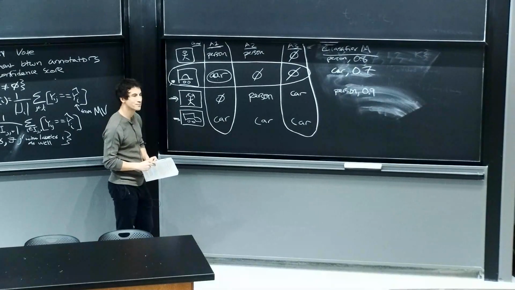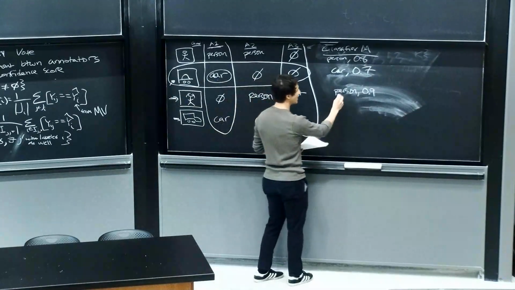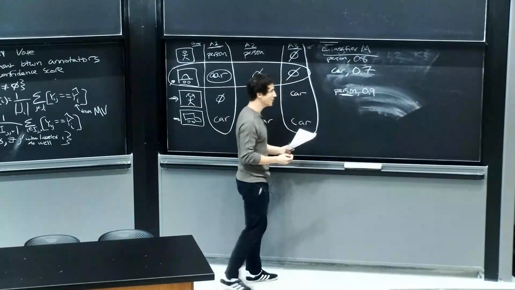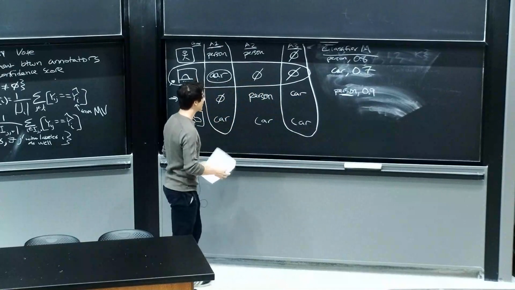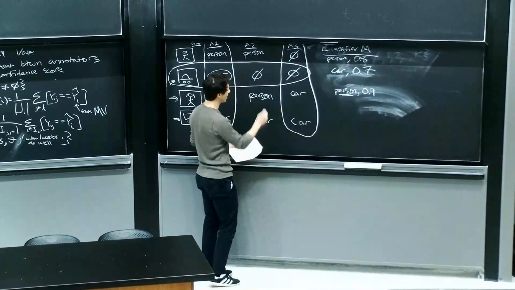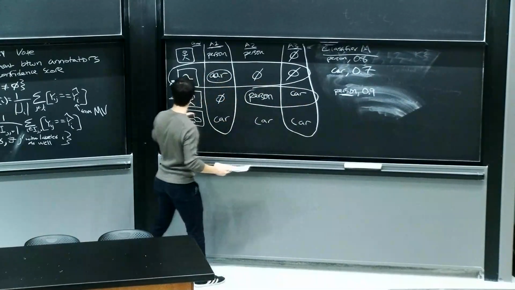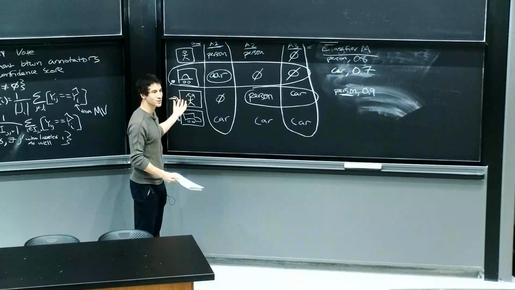Like using the classifier's solution? Yeah, exactly. We can break ties based on the classifier. And why might that be a good idea? The reason it might be a good idea is because right now, if we're just trying to determine the best label based on this information only, we're not relying on the pixels, the actual features of the example, at all.